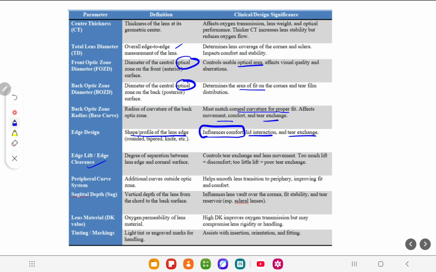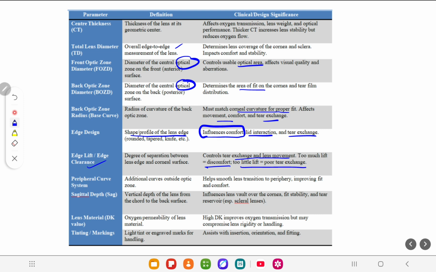Now we know edge lift and edge clearance. The degree of separation between the lens edge and the corneal surface is edge clearance. Edge lift is another term. Yes, it controls tear exchange and lens movement, and too much edge lift will create discomfort. Basically, too much edge lift means a flat fitting, and too little edge lift means poor tear exchange. That's very important.